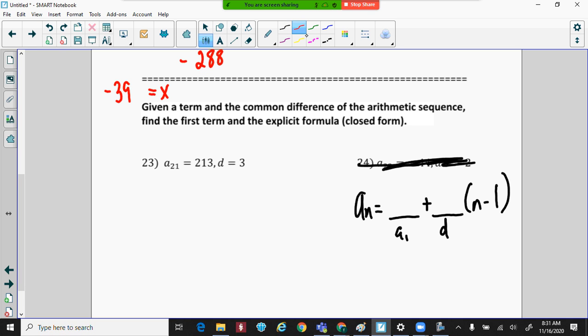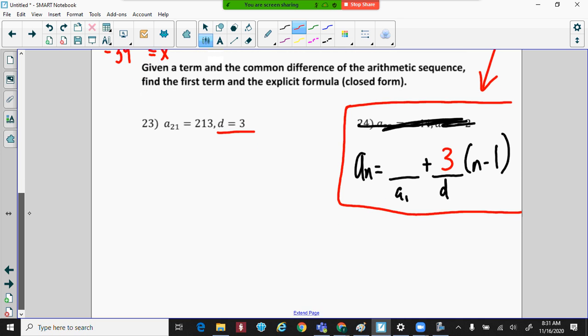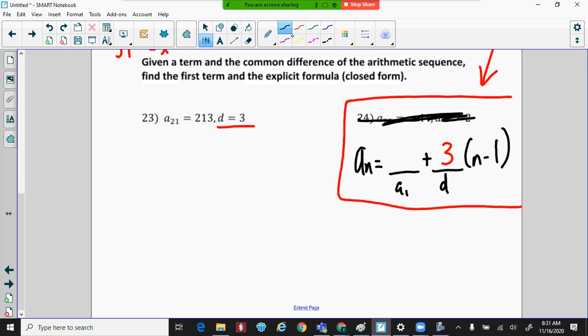If you look at what I'm given, I know my common difference, which is 3, but I do not know what my first term is. So I'm just going to take this, I'm just going to set this off to the side. You stay over there. All right, so here's my work. A of n is equal to first term plus something times n minus 1. So I know what my common difference is, 3, but I do not know what my first term is.